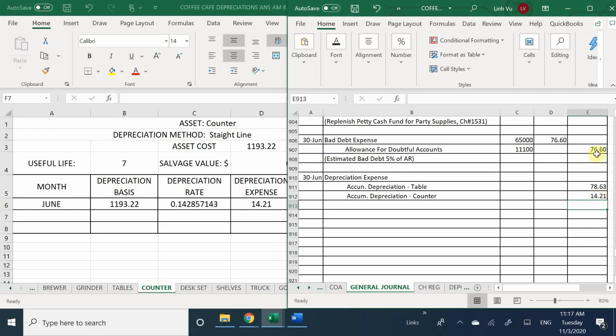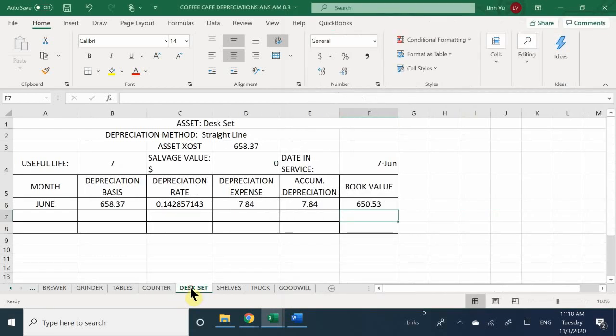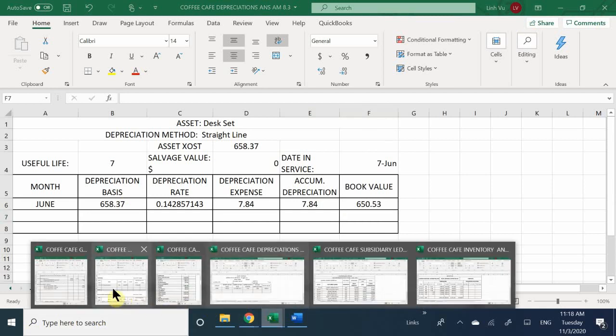Okay, so what's the next thing I have? I think I have accumulated depreciation for the desk. And how much is that one for? $7.84.